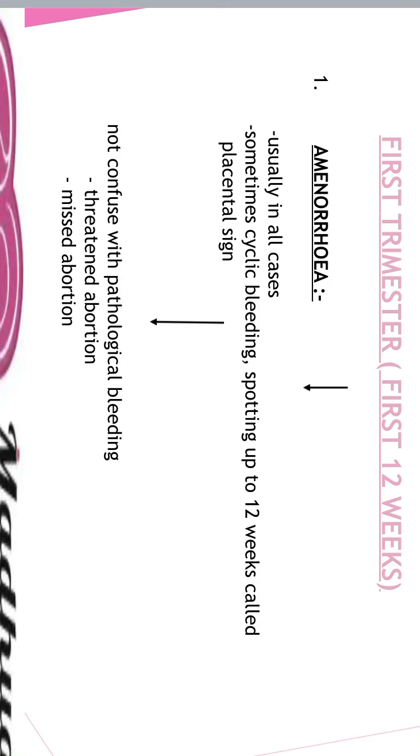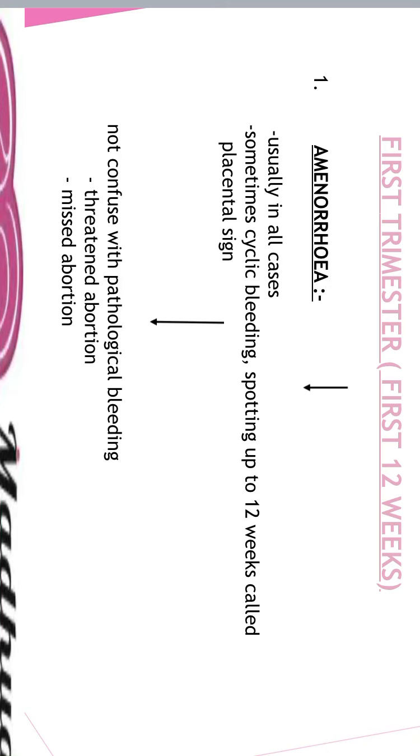So you have to differentiate whether it is the placental sign, a normal bleeding, or pathological bleeding. How will you differentiate? The placental sign, or physiological bleeding, happens only on a fixed date. Suppose 19th June is the LMP, then 19th July spotting, 19th August spotting, lasting for a few minutes to hours and in a very mild quantity.